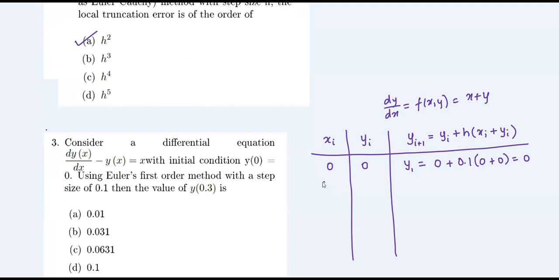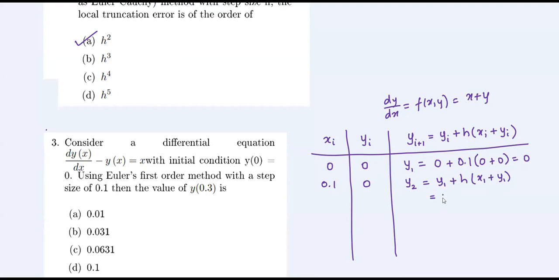Now next, the next step size will be 0.1. Now y1 is 0. y2 will be y1 plus h times x1 plus y1. Okay.